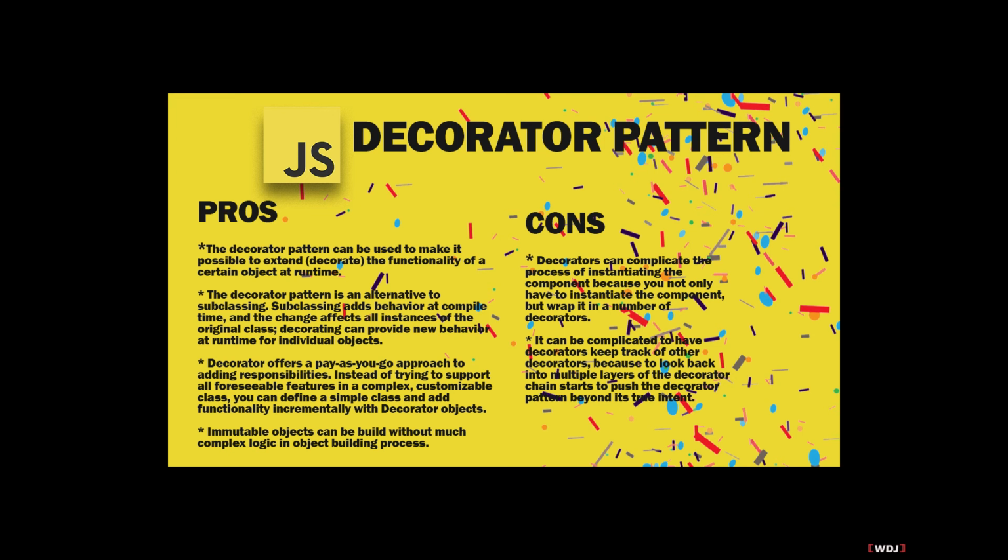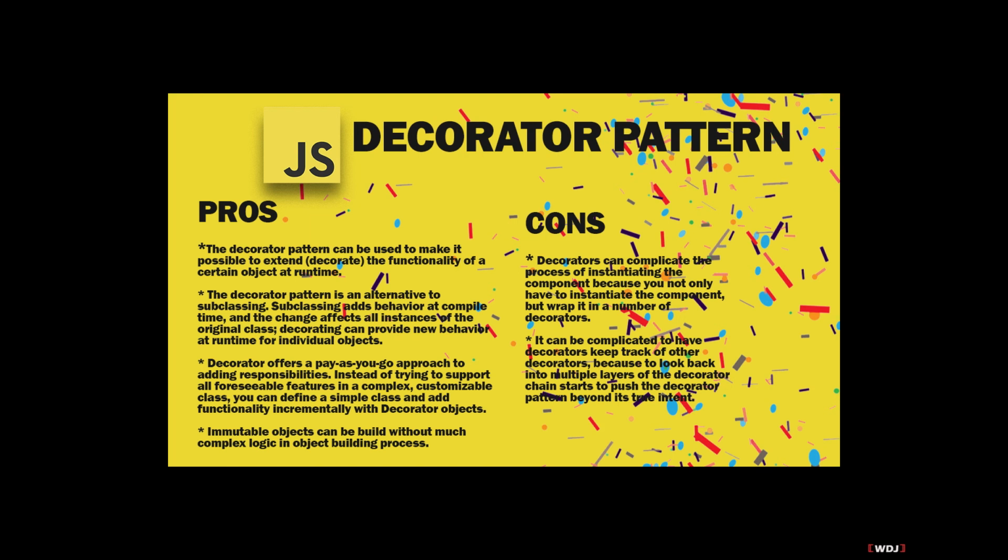The pros. The Decorator pattern can be used to make it possible to extend, decorate the functionality of a certain object at runtime. It could also be an alternative to subclassing. If you don't know what subclassing is: subclassing adds behavior at compile time, and the change affects all instances of the original class.